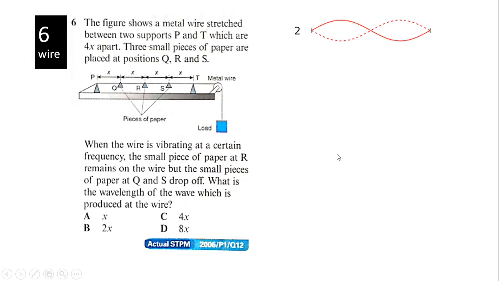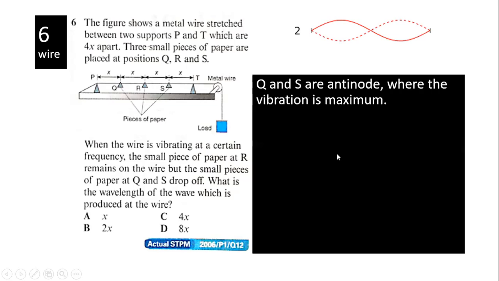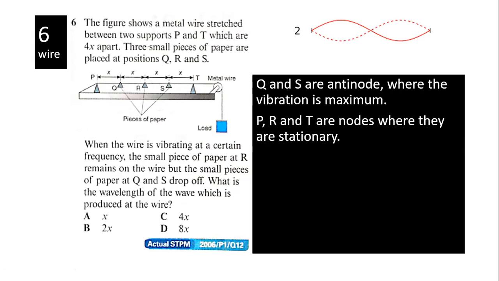That's how it looks like. So Q and S are antinodes, where the vibration is maximum. P, R, and T, they are nodes, they are not moving, they are stationary. So the wavelength is just 4x. Answer C.